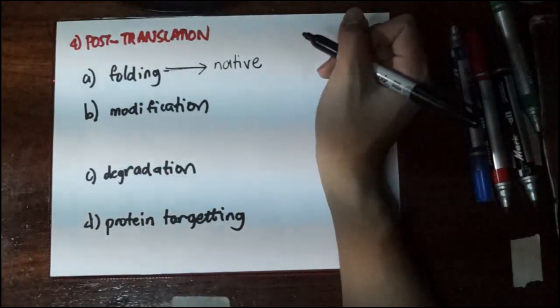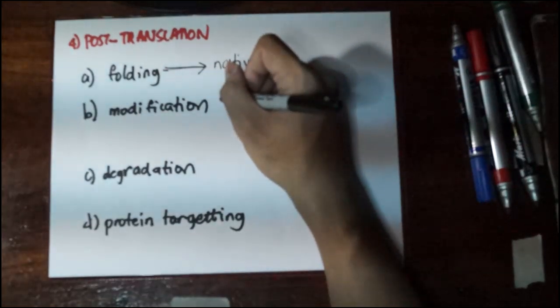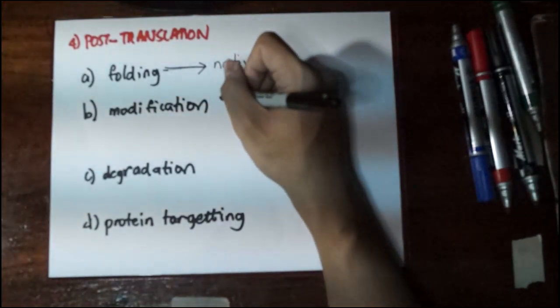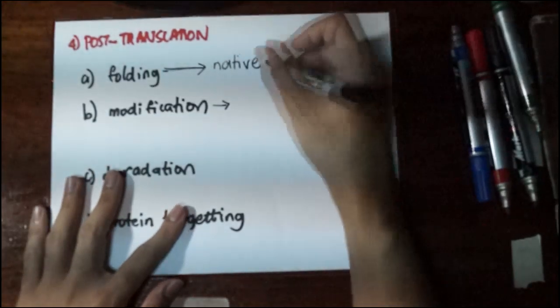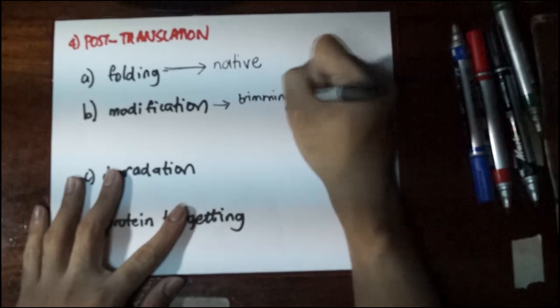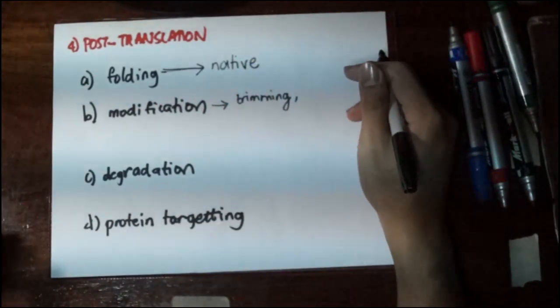Another thing that can be done is modification. So modification is done in order for them to be even more active. For example, trimming away. There are really some amino acids in the polypeptide that was formed that are not really going to be used.